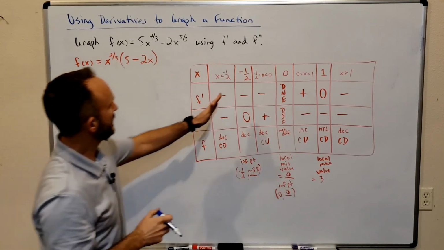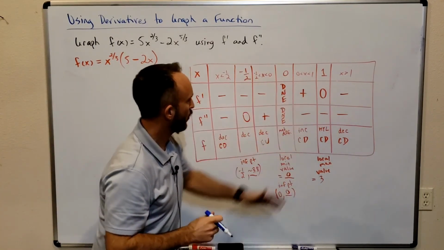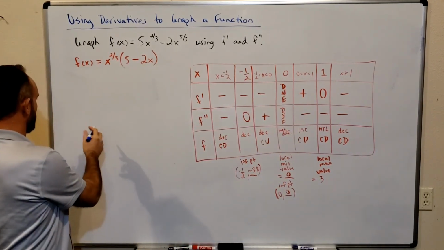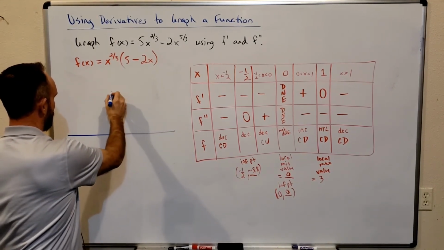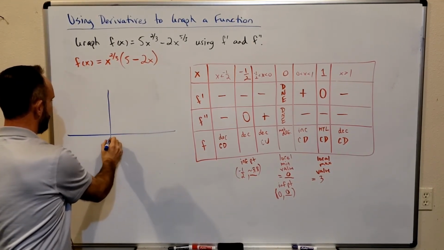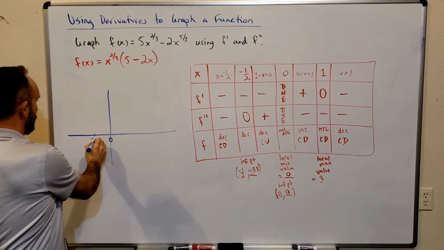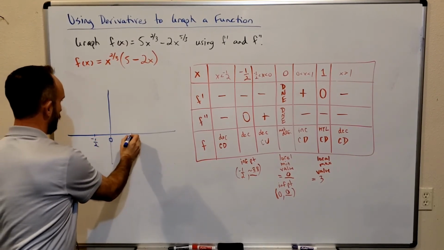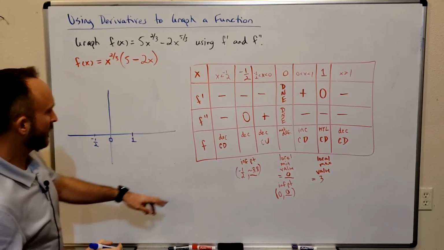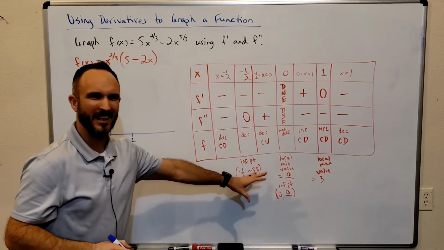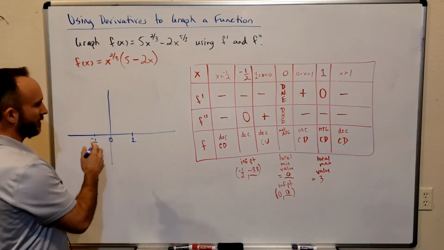But here I need to indicate -1/2, 0, and 1 on my x-axis. So let's call this 0, -1/2, and 1. Okay? And then I know I've got the ordered pair -1/2 and about 3.8.